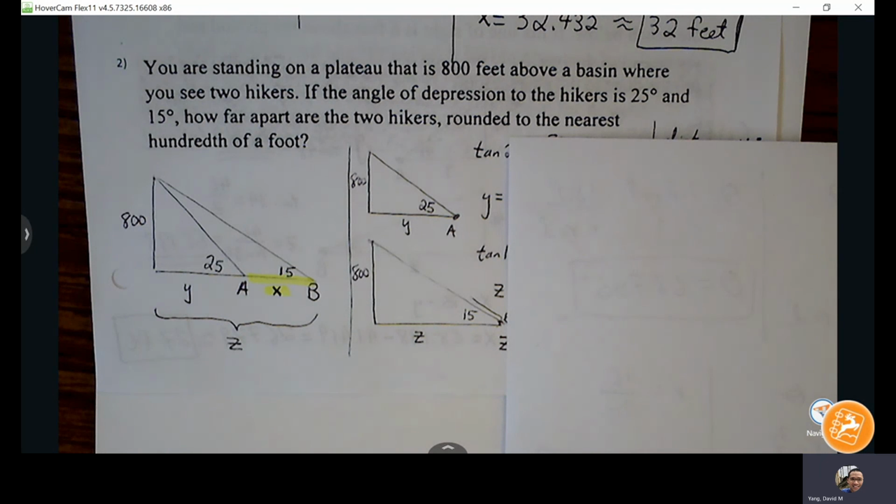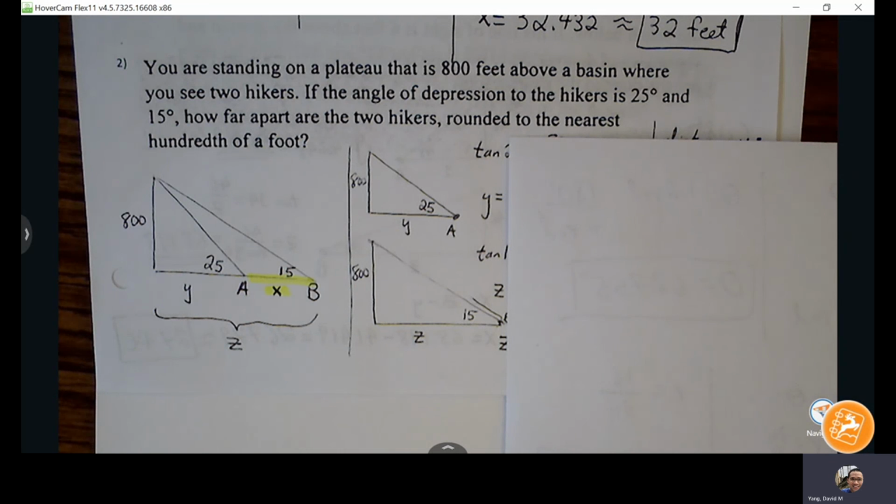I named that base Z. My small triangle, I named it Y. So ultimately, if I can just find Z and find Y, if I subtract these 2 lengths, I'm left with that X, which I'm looking for.